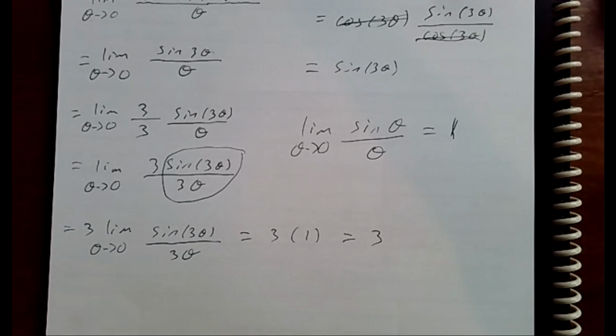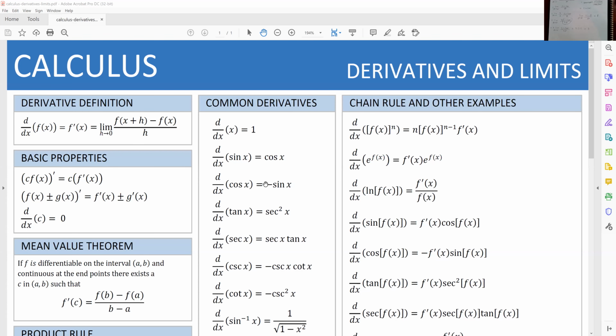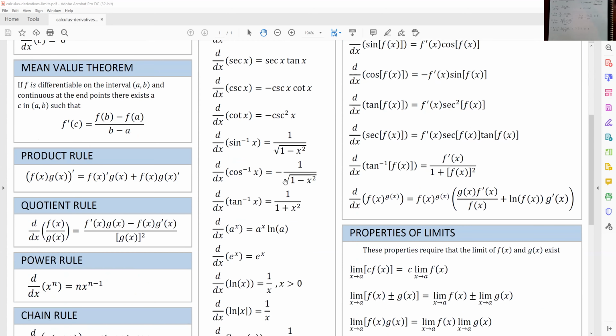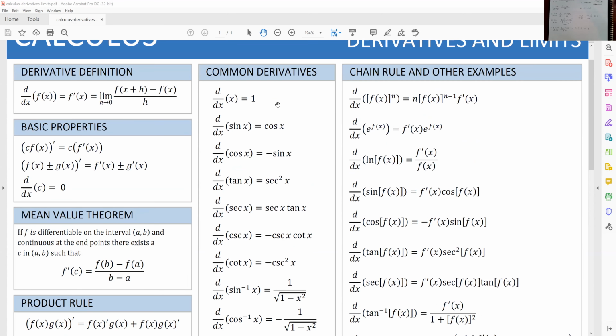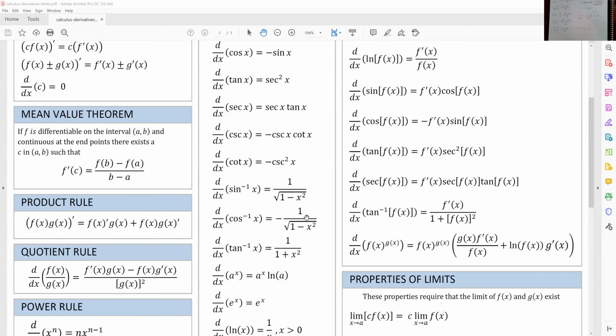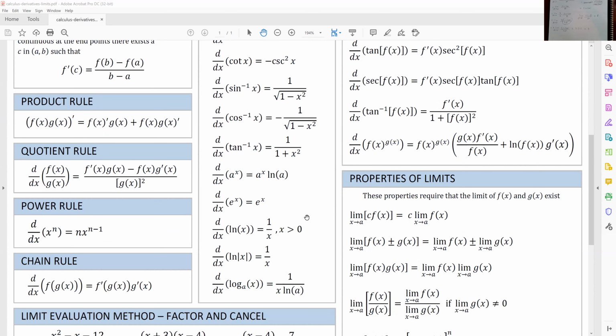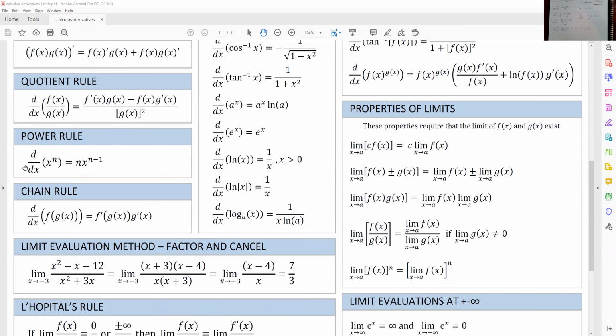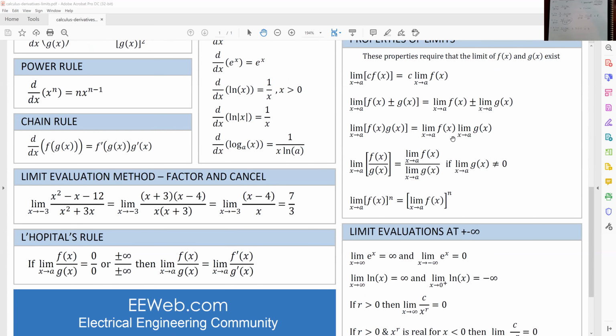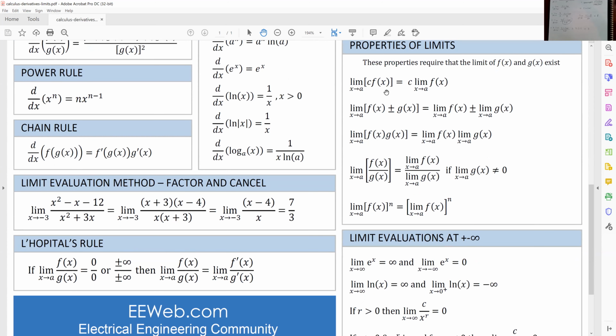Just let me know. So here they are. These derivatives will be chapter 3, so I wouldn't worry about this right now. Anything with the d/dx, all that stuff is chapter 3. So the limit stuff that you need is right here.